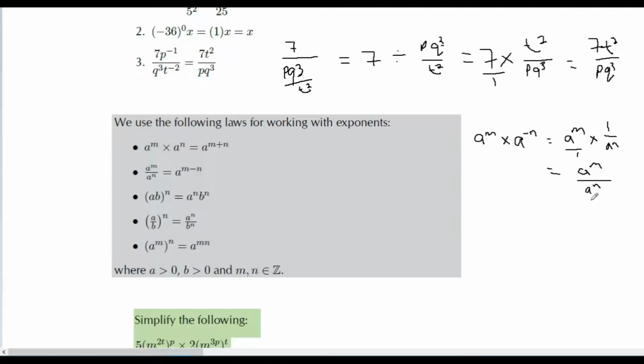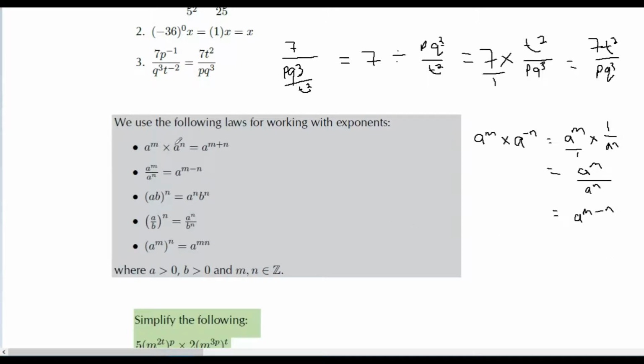Now we can apply our second rule, and we know that if we are dividing with the same base, we just subtract our exponents, so we're left with a to the m minus n, right?